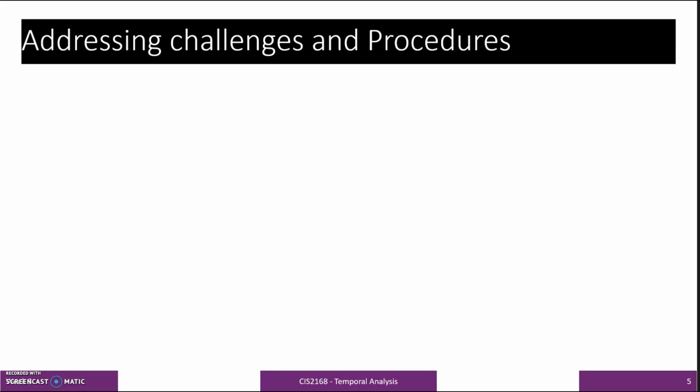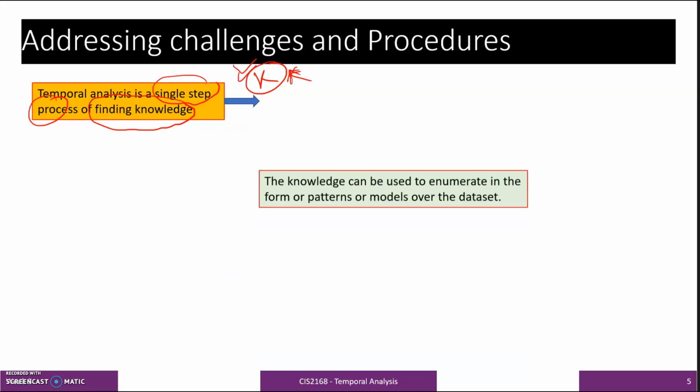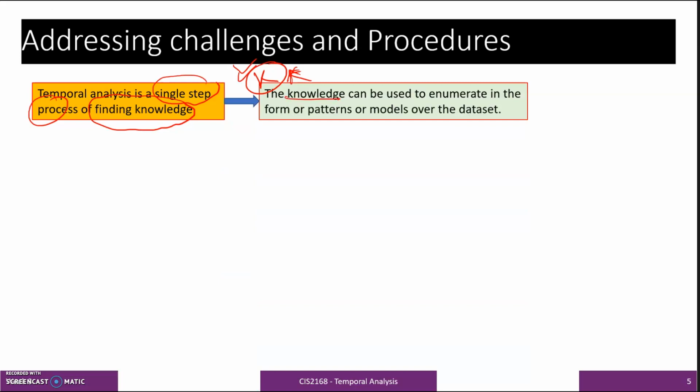in this slide. So here the first point is temporal analysis is a single step process of finding the knowledge. So we can apply temporal analysis to find the knowledge. Let's say K is the knowledge which you want to find out. Using this knowledge, we can enumerate the knowledge in the form of patterns, or we can develop some model based on the data set.